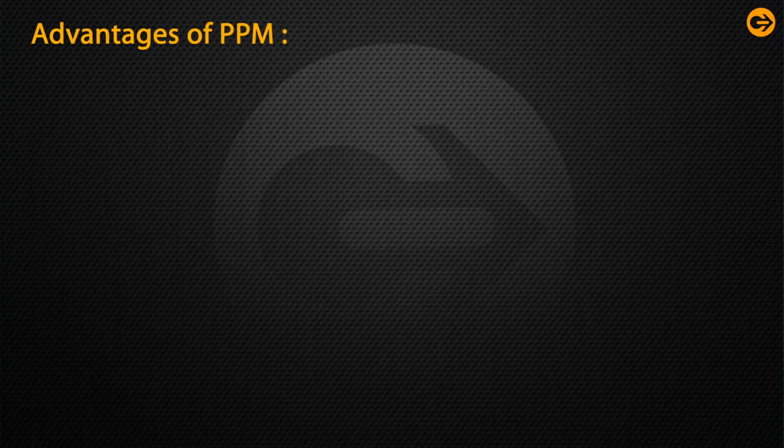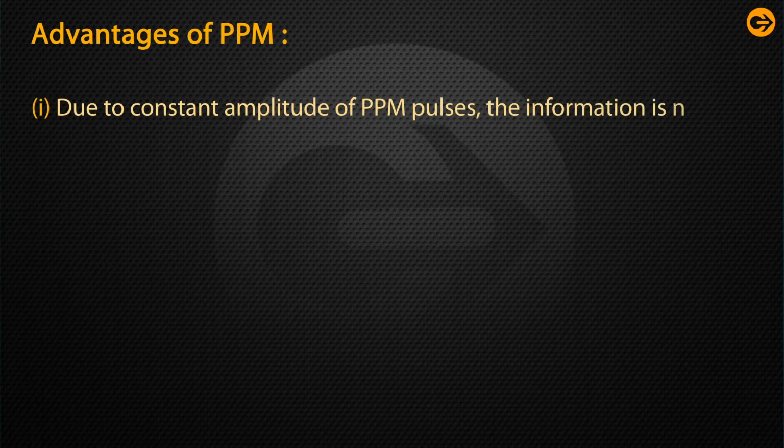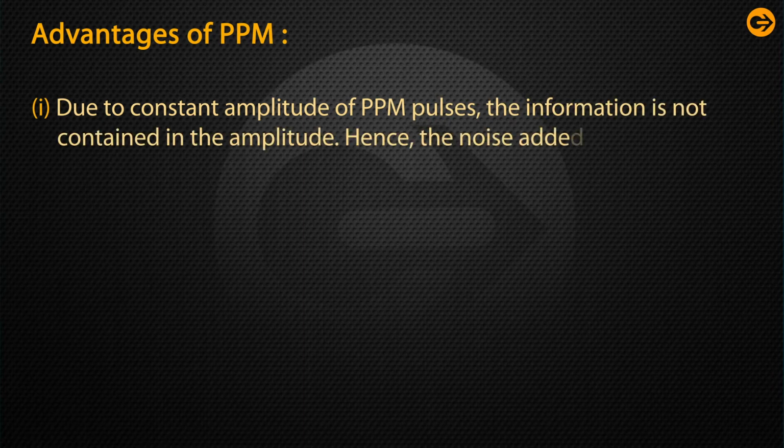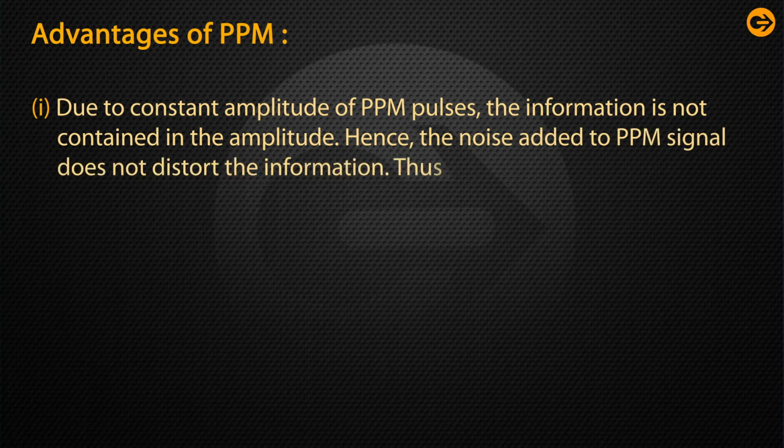Now let us discuss the advantages of PPM. Due to the constant amplitude of the PPM pulses, the information is not contained in the amplitude. Hence, the noise added to the PPM signal does not distort the information. Thus, it has good noise immunity. So, it is very interesting, isn't it?